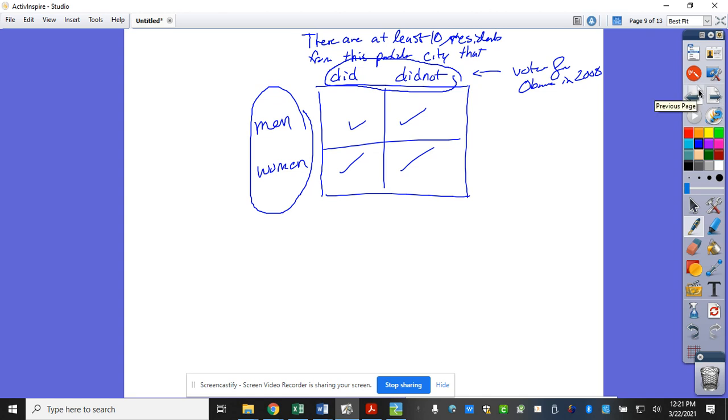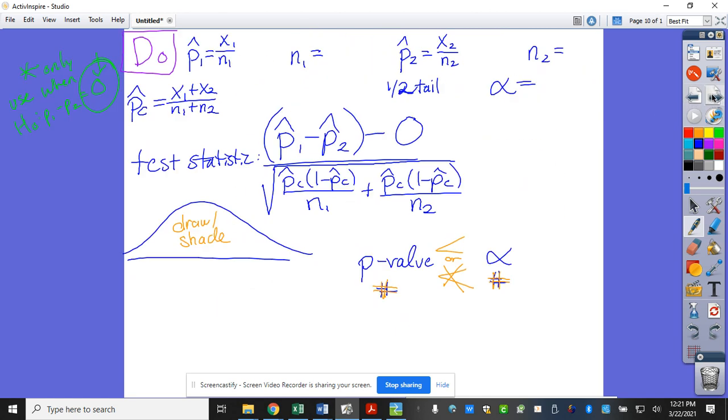And then independent 10% condition, I would have to make sure that, what would my capital N R have to be greater than? What number would my capital N R have to be greater than after I did 10% condition? So 10 times what? 28, so 280.